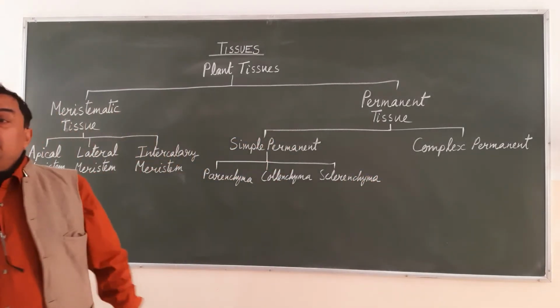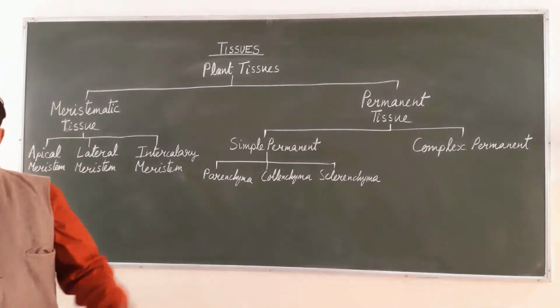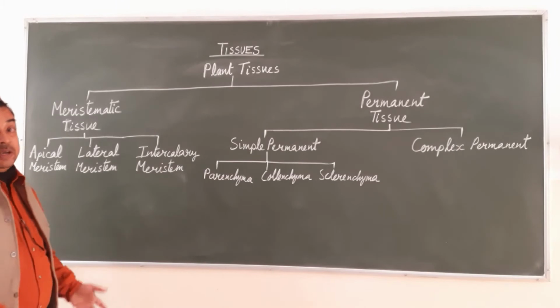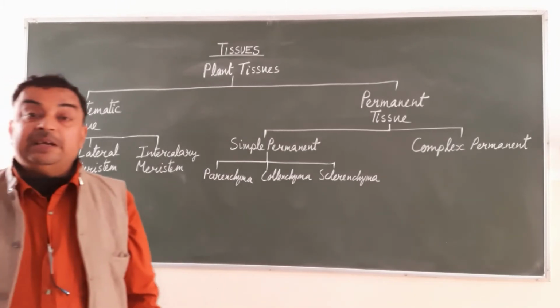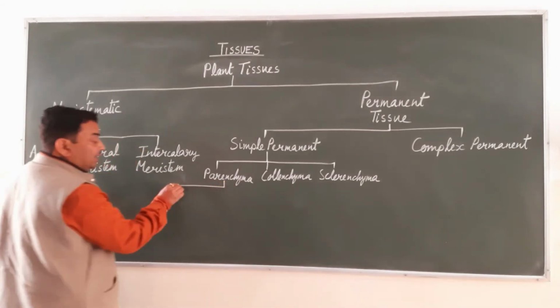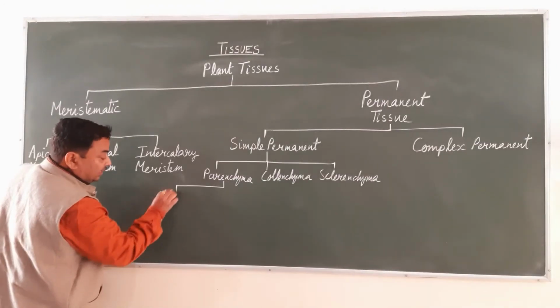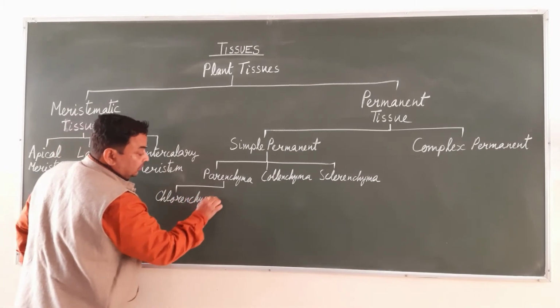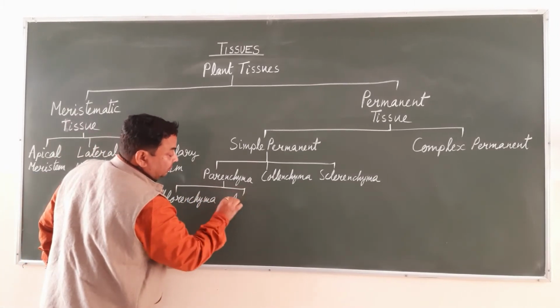Parenchyma basically stores water and food. If chlorophyll is present in parenchyma, it is known as chlorenchyma. If air is present in parenchyma, it is known as aerenchyma. So, parenchyma again has two classifications, that is chlorenchyma and aerenchyma.